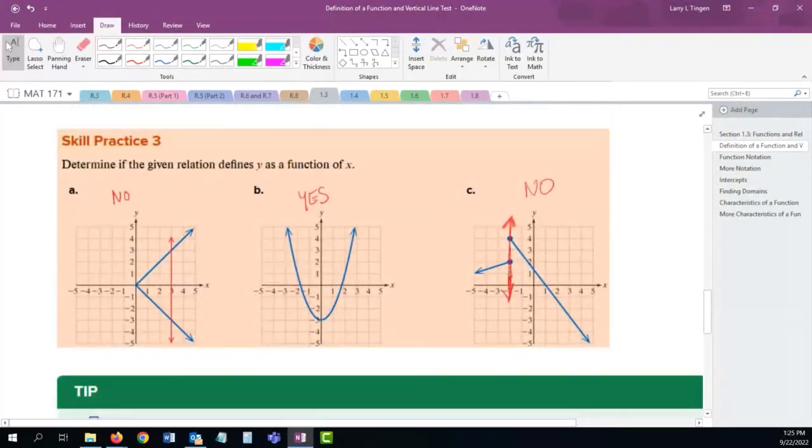On this one, they don't end and begin. This one ends at negative 2. This one starts at negative 2. So that means if I were to write these as ordered pairs, I would have negative 2, 2, and negative 2, 4 in my relation. 1 x value to 2 y values. All right.